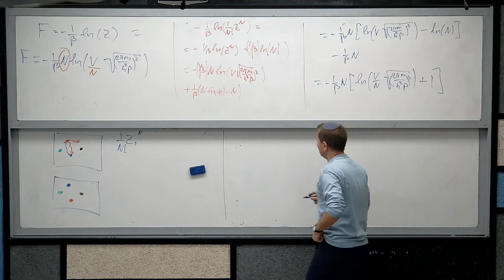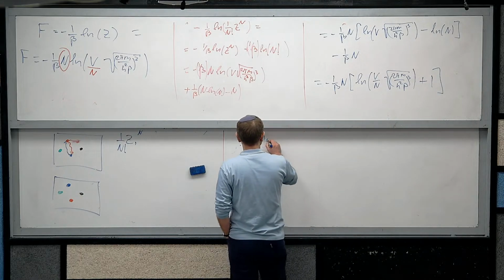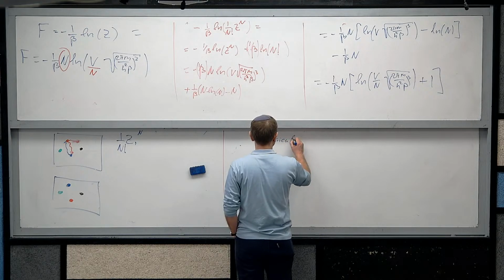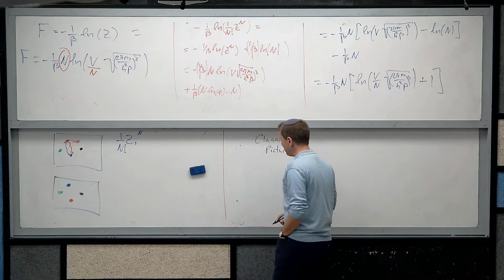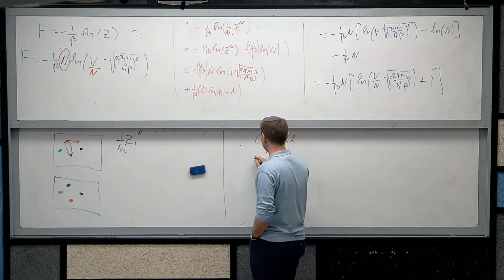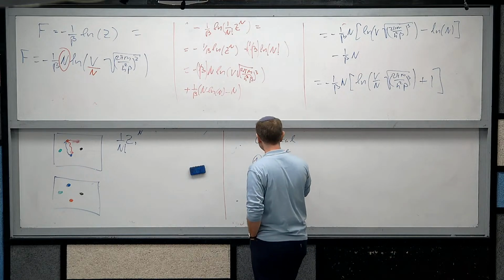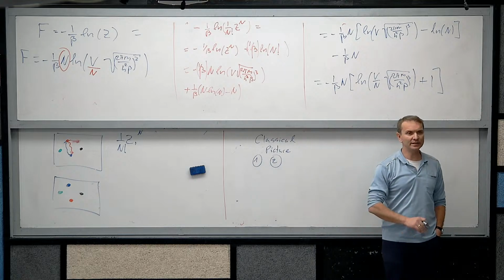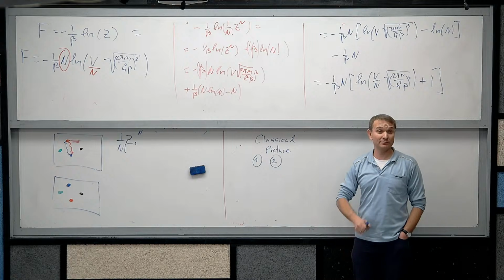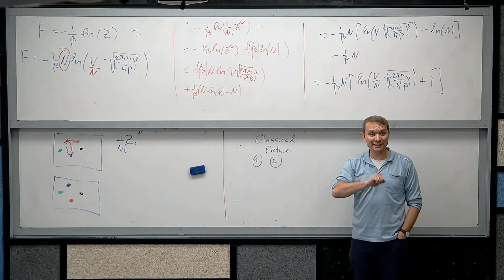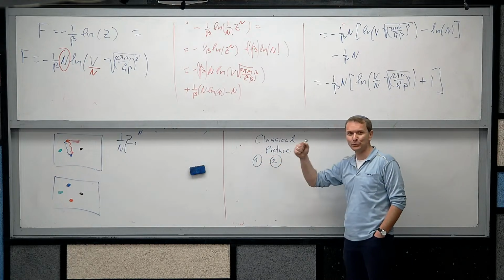So, let's see. So we have classical picture, and we have two particles, particle number 1 and particle number 2. I can say they're completely identical particles, but in classical physics, I always can know who is 1 and who is 2.